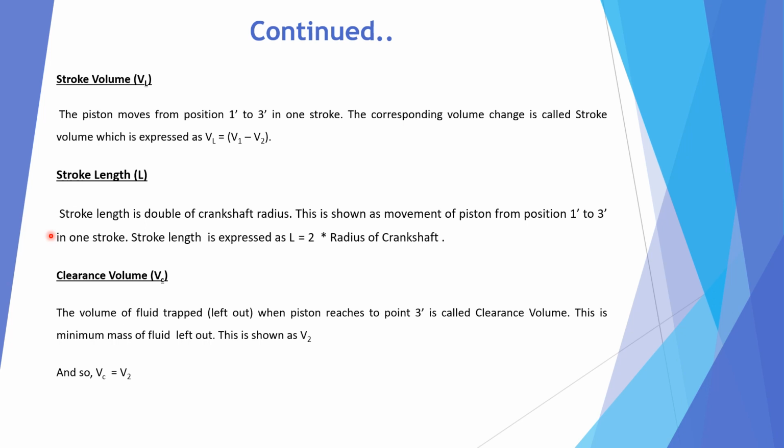So stroke length L is equal to 2 into crankshaft radius. And clearance volume is the volume of the trapped fluid, we call it V2 also. So VC, that is clearance volume, is equal to V2 in this case.